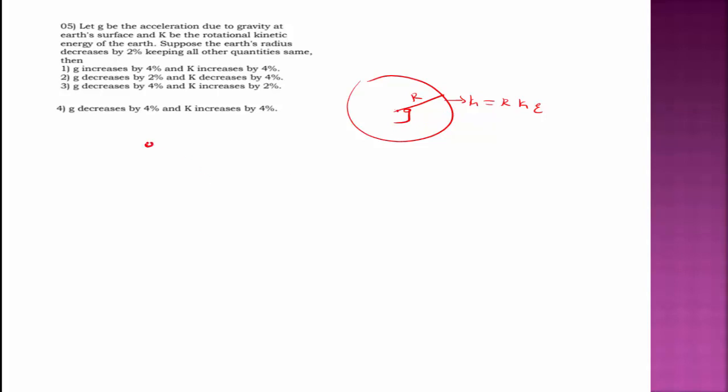We know the formula, acceleration due to gravity on the surface of the Earth, that is g is equal to GM divided by R², and K is equal to L² divided by 2I. If the mass of the Earth as well as its angular momentum remain constant, then g is inversely proportional to R² and K is inversely proportional to R².